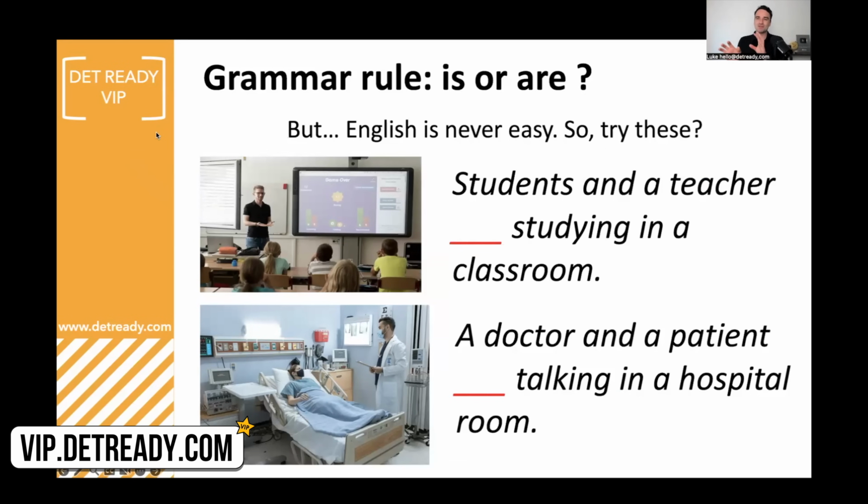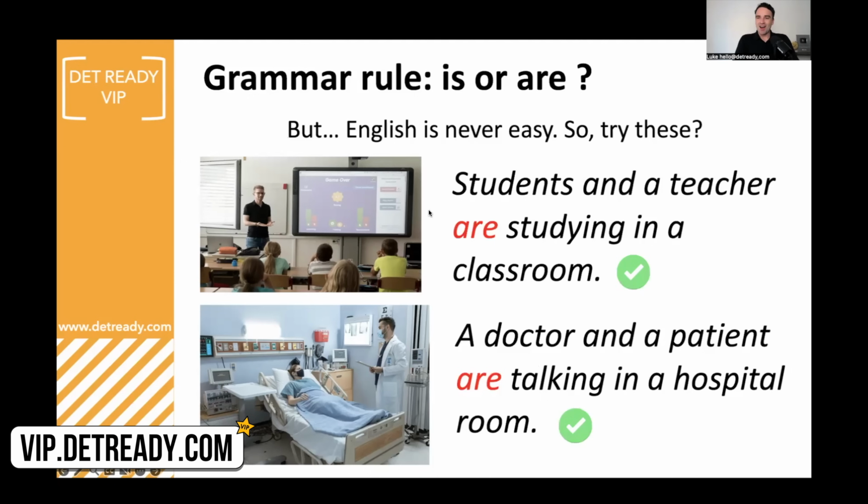So if we want to keep the idea of the sentence the same, but we're switching the order of the sentence, so now we have students and a teacher at the start, a doctor and a patient at the start of the sentence, what is the verb that goes here? Is it is or are? Okay, some people are writing is, some people are writing are.